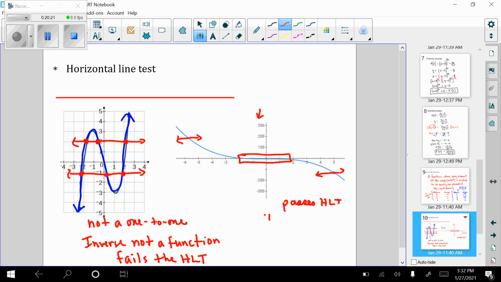So it is a one-to-one, and the inverse would be a function. So if you spread this out a little bit, it's probably looking more like this. Cube root function, reflected cube root function.